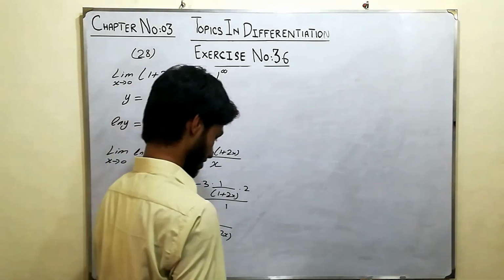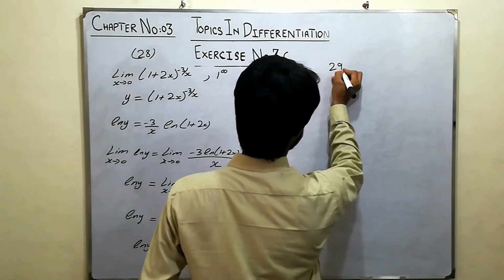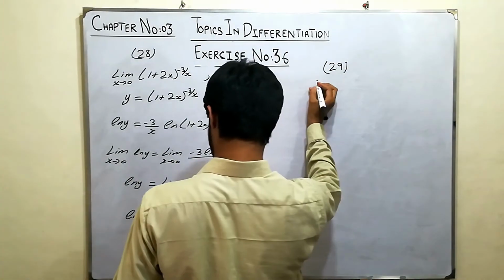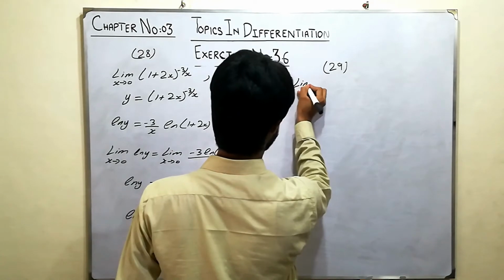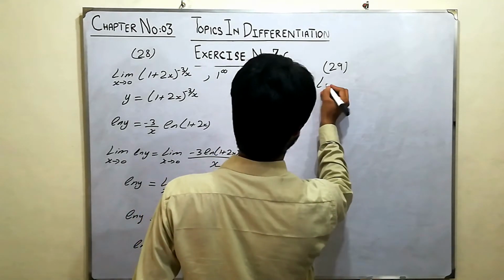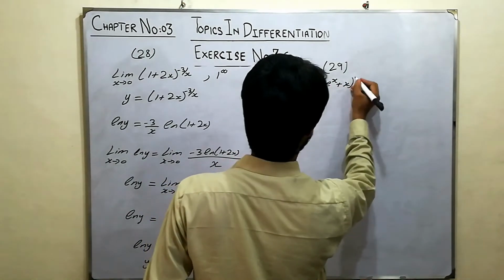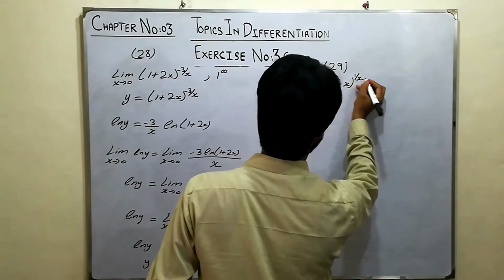So next question is question number 29. Limit x approaches to 0 of e to the x plus x to the power 1 by x.